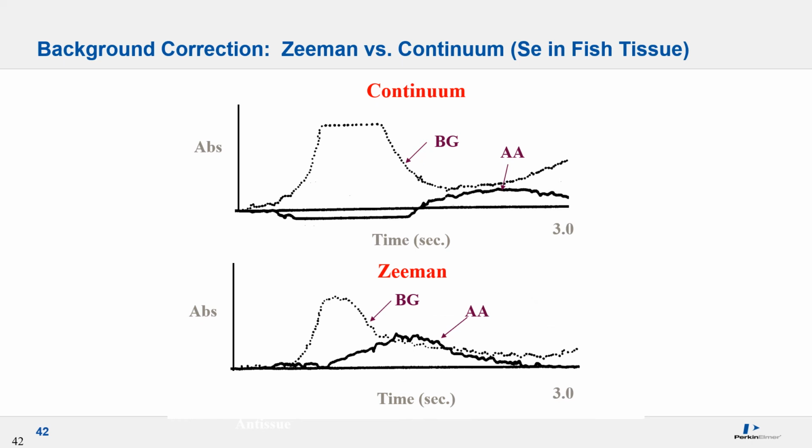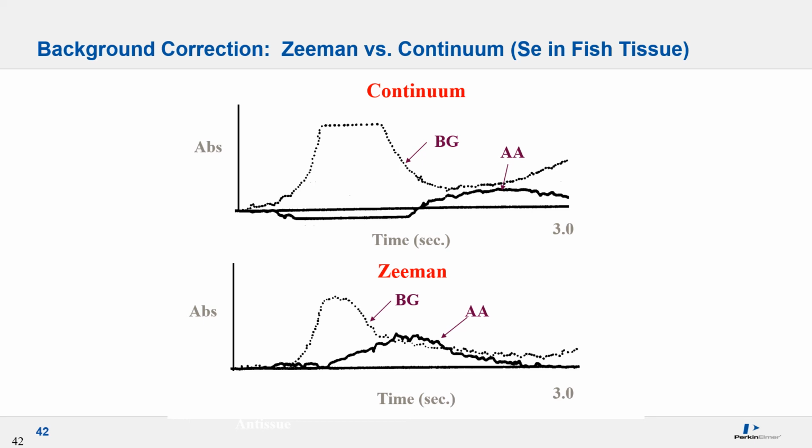Here is yet another more classic example where phosphate bands found in a fish tissue matrix are providing a potential source of structured background. Since the background component with continuum source is measured across the entire spectral bandpass, it is actually greater than the background occurring at the wavelength as measured with the primary source lamp, resulting in overcorrection or overcompensation of the net AA signal, causing it to drop below the baseline.